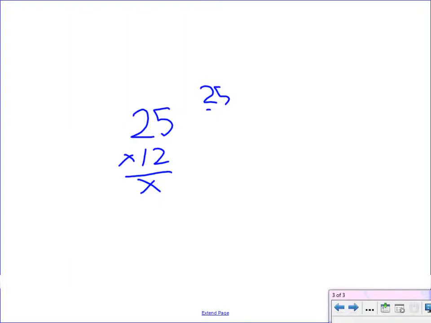Yeah, you can't put your pen up or your book up there because it'll touch the board. 25 times 12. Okay. So you threw in algebra.